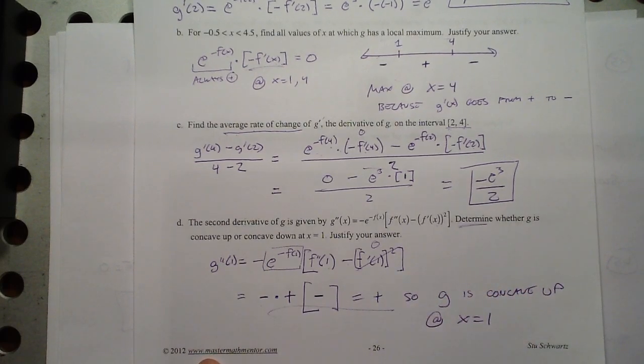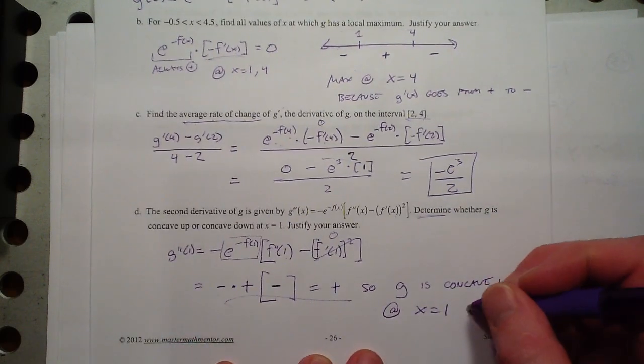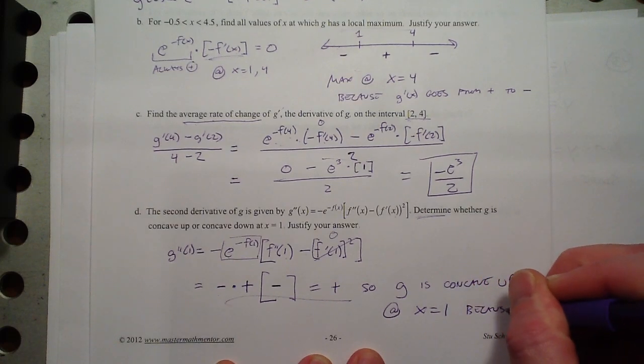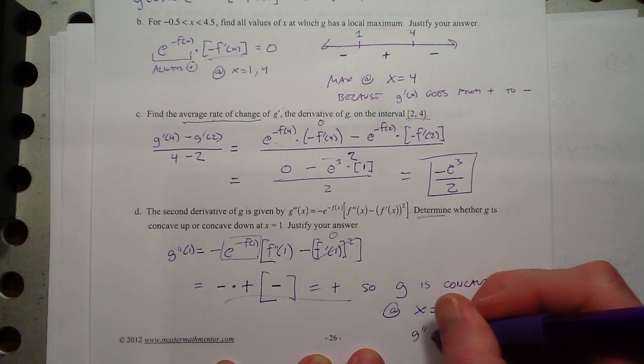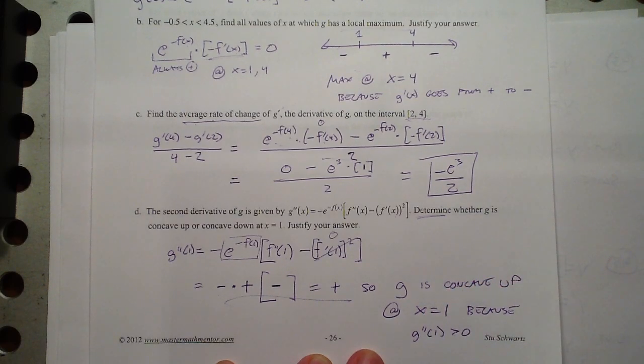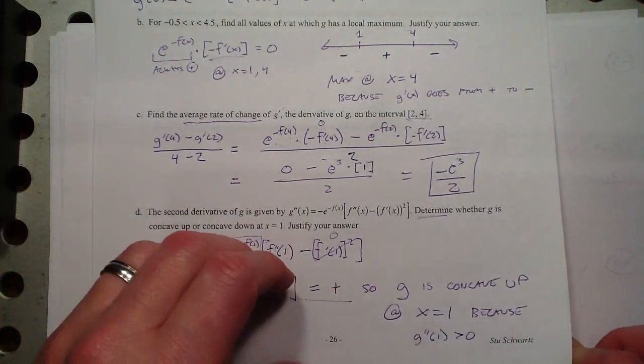And what more justification could you ask for? I guess you could say because g double prime of 1 is positive. It's greater than 0. That's what concave up means. All right, that was fun.